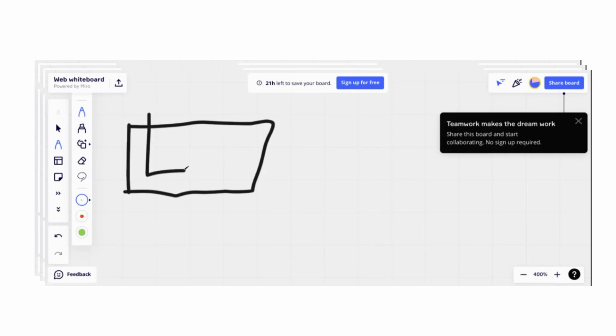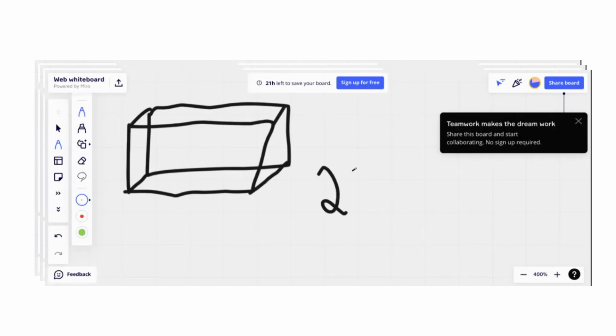Now to find the LSA, we are just going to do 2 height multiplied by the length plus width. Let me just write that down. So 2 height times length plus width. This is our LSA.